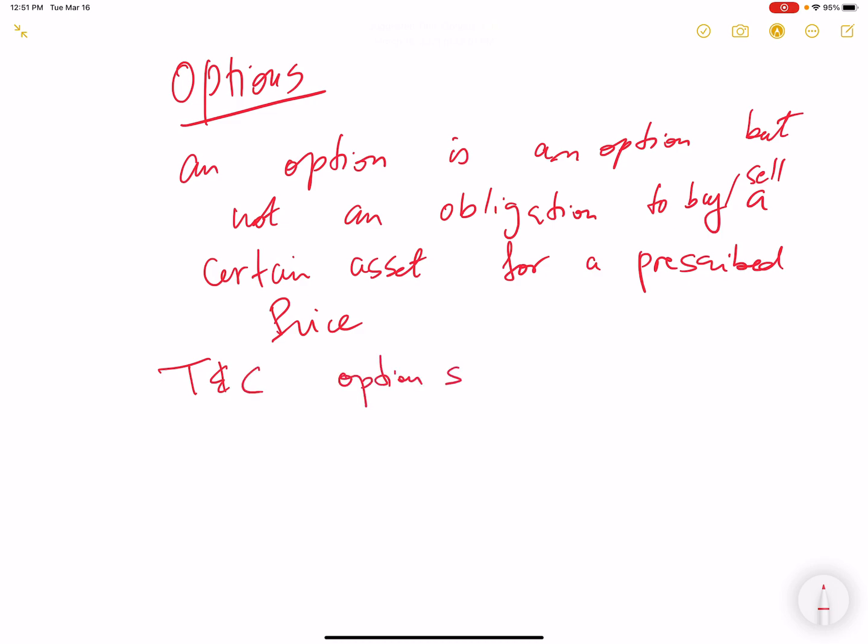Okay, what defines options? So there are 5 things. The first one is whether you're a buyer or a seller. So if you have the option to buy an asset or to sell an asset.